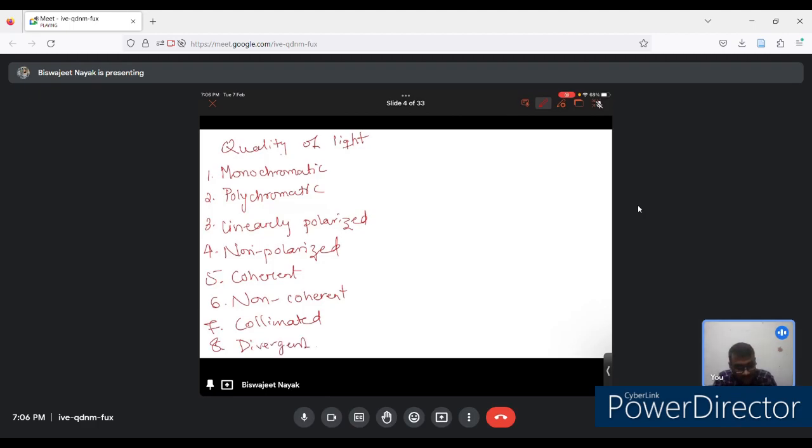As I've already explained, in linearly polarized light the electromagnetic waves have polarization in one direction only. In non-polarized light the polarization has random directions.